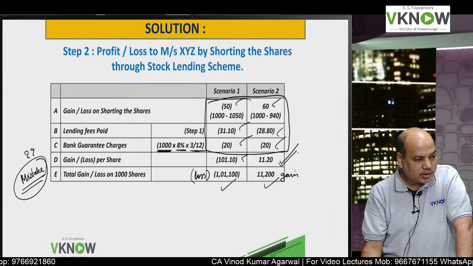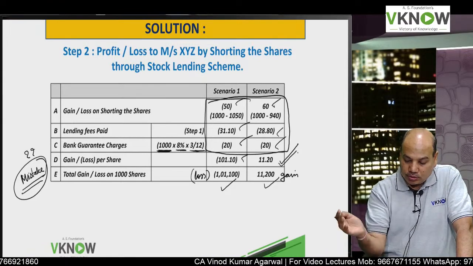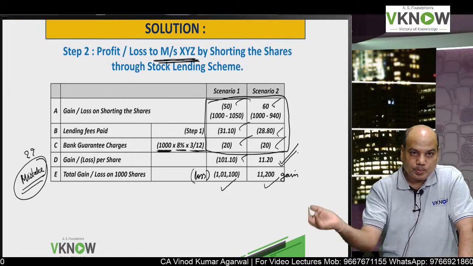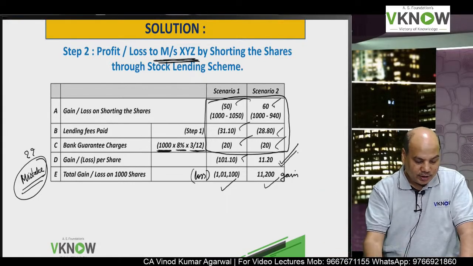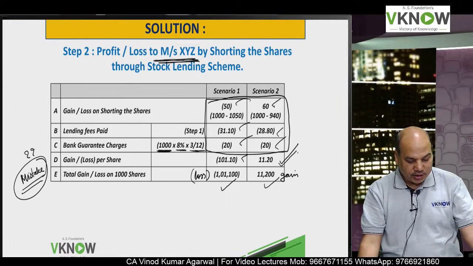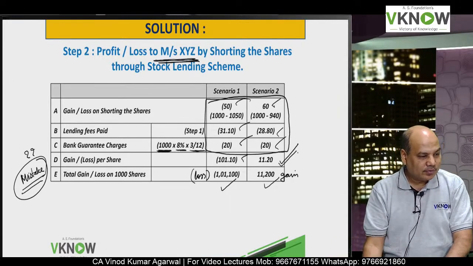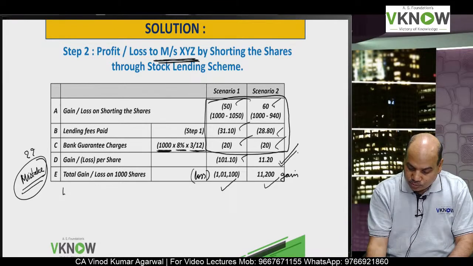The mistake is that this short seller XYZ has to pay dividend, compensate the loss of dividend to the lender. So you will write one more thing which the institute has not written.